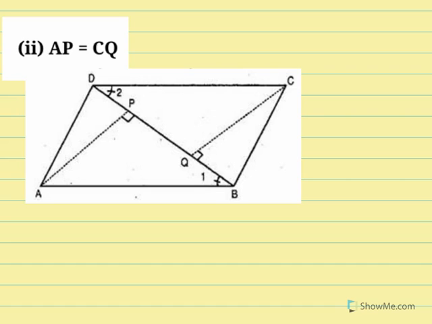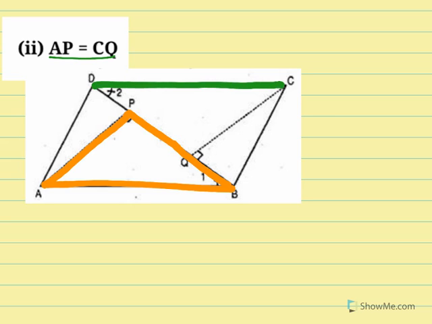In the next part I have to show that AP equal to CQ. Earlier I have already shown two triangles congruent. Now if these triangles are congruent, their corresponding sides will be equal. So I can say now that AP will be equal to CQ because they are CPCT. So let me write that out.